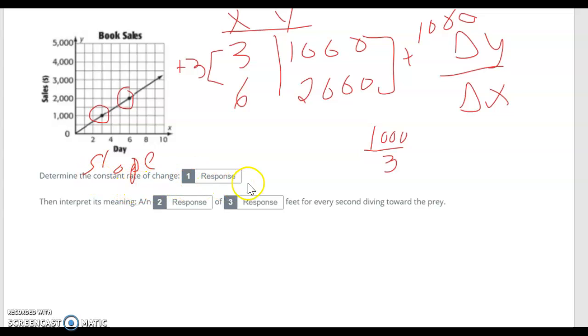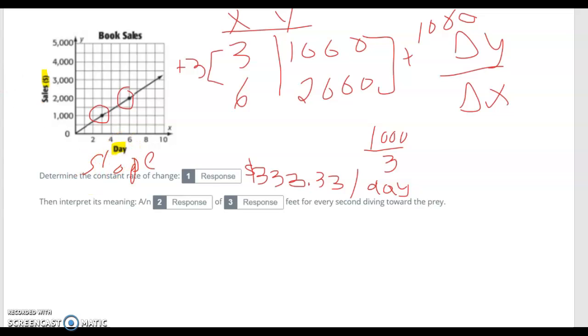When I simplify that, that is 333.33 per day. And where I'm getting my words is right here, the dollar and the day.